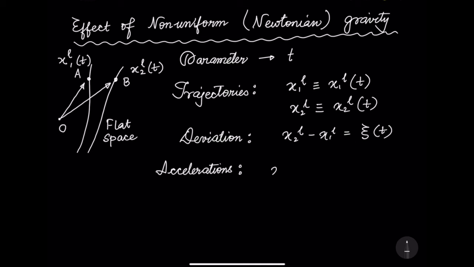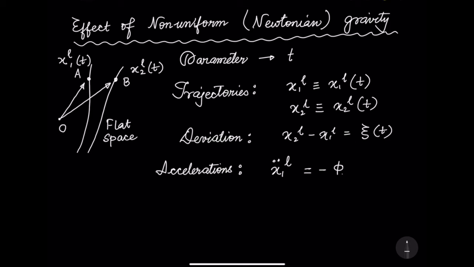The acceleration, so it's x1 double dot L. x1 double dot L is the acceleration at A, say.